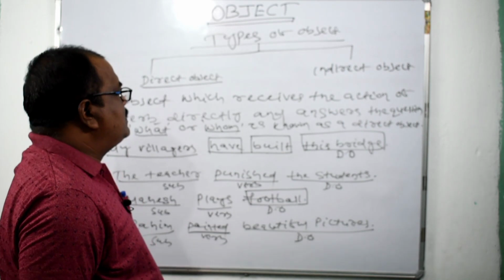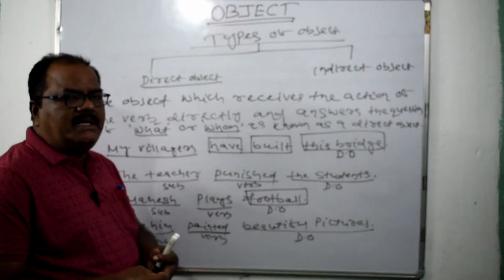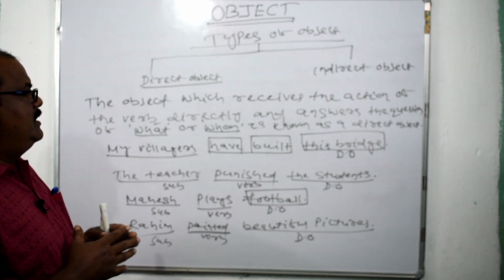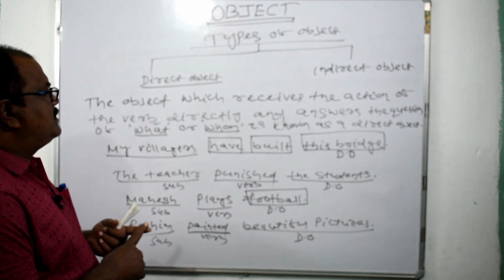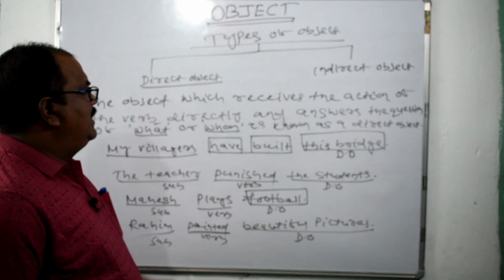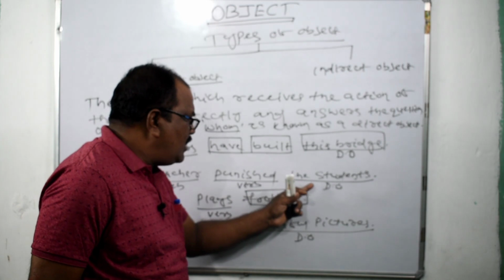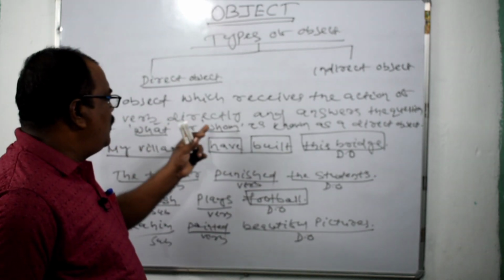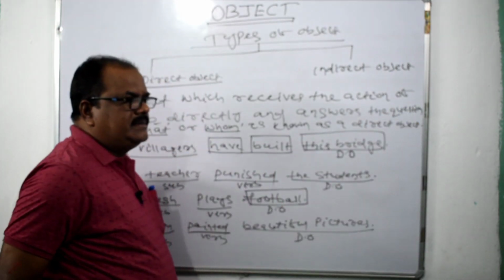So, my dear students, in order to find out the direct object in a sentence, we have to notice that the part of the sentence that receives the action of the verb directly and answers the question either what or whom is known as the direct object.